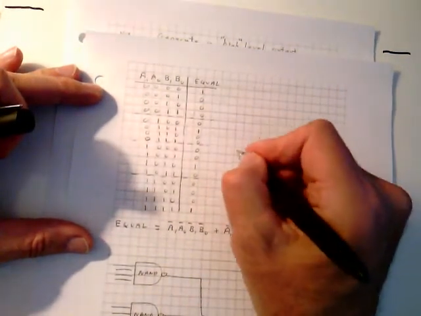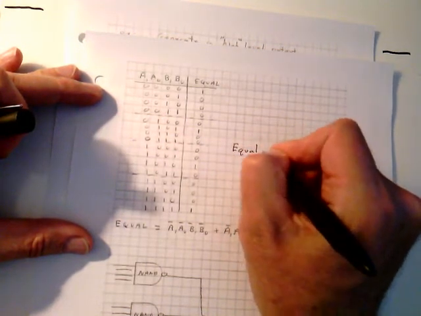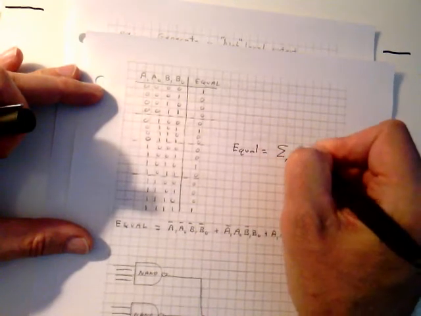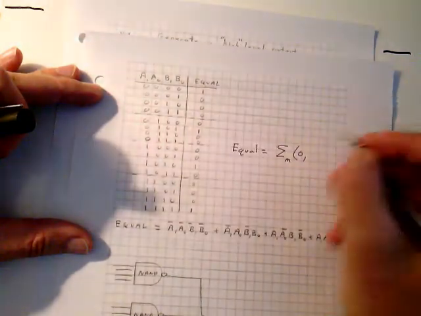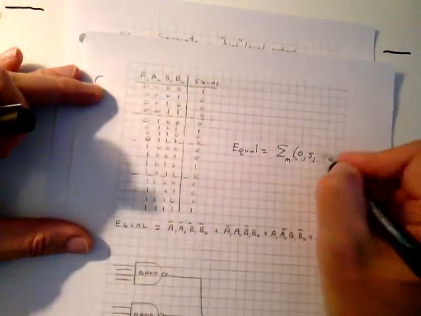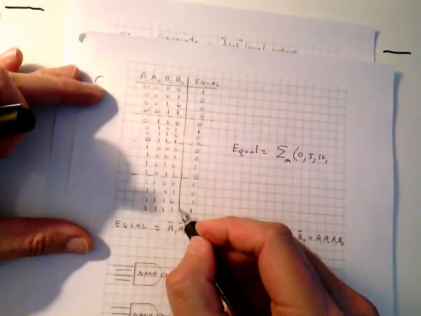So, equal is equal to the summation of the minterms. What are the minterms? 0, 5, 10, and 15.